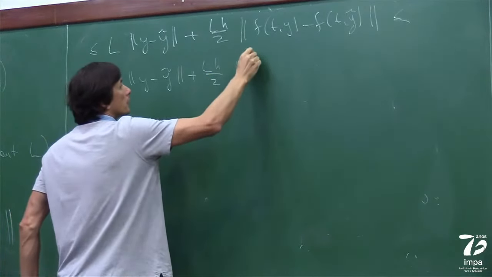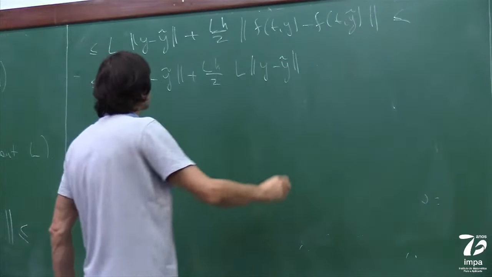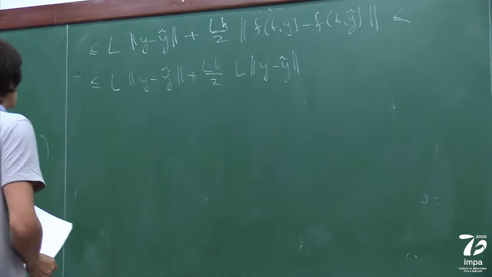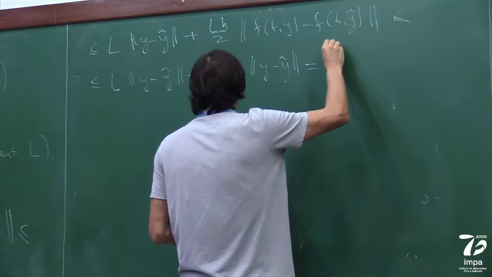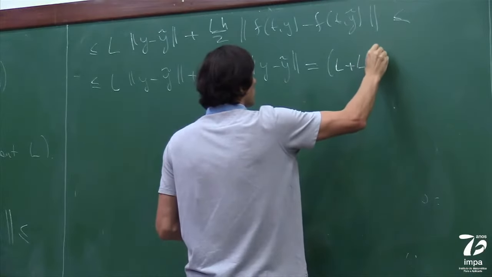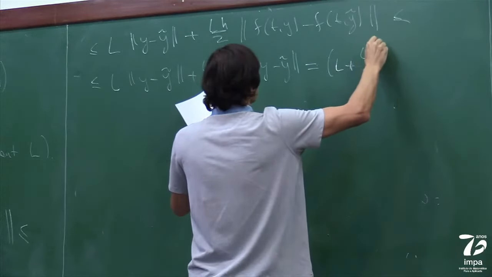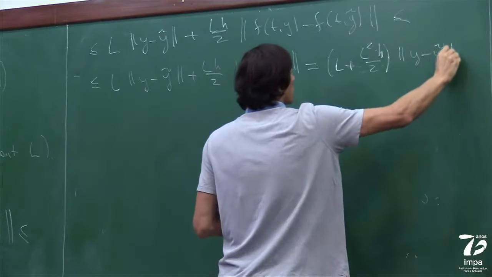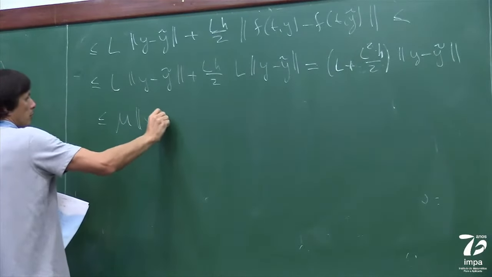So again, L by y minus y tilde. So this is equal to L plus L squared h over 2, and this is smaller or equal than M times y minus y tilde.